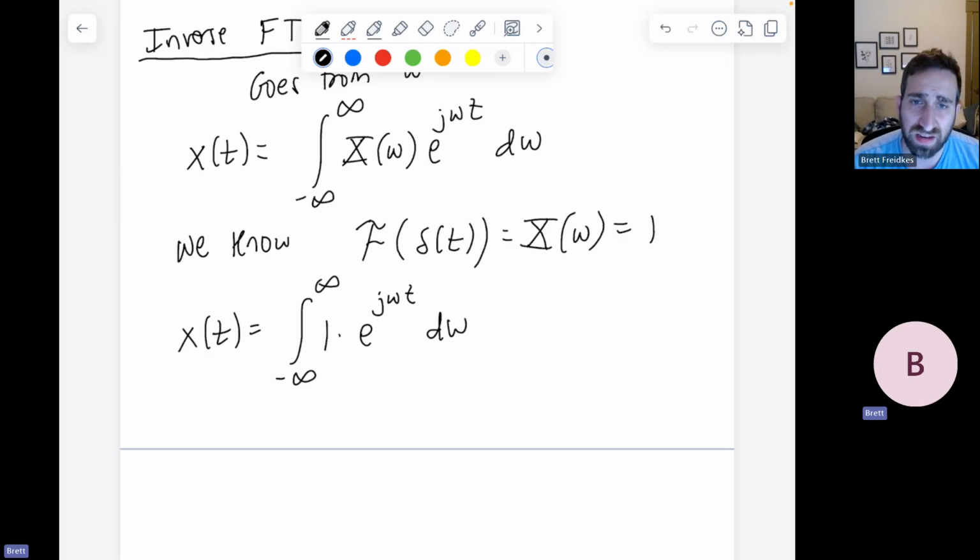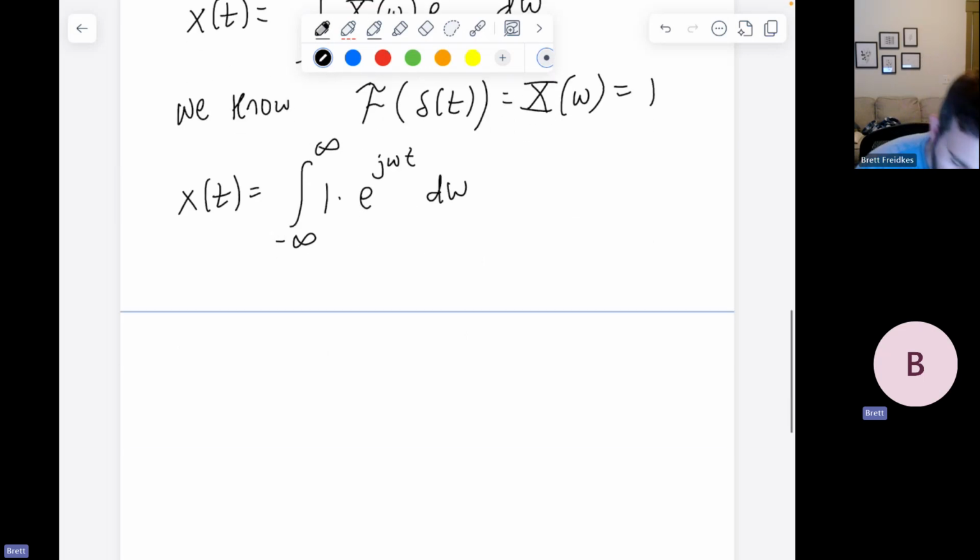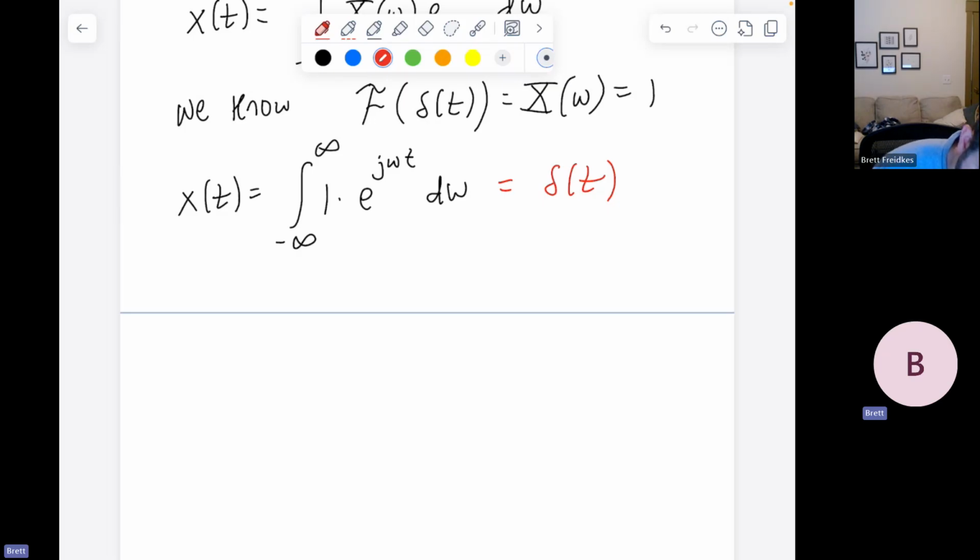And this is not a function that converges. This is a function that if you plugged in infinity into it after plugging in the bounds, you would blow up. But what's interesting is that we know this has to equal the Dirac-Delta function, because that's how we get the 1 in the first place. That 1 is the Fourier transform.